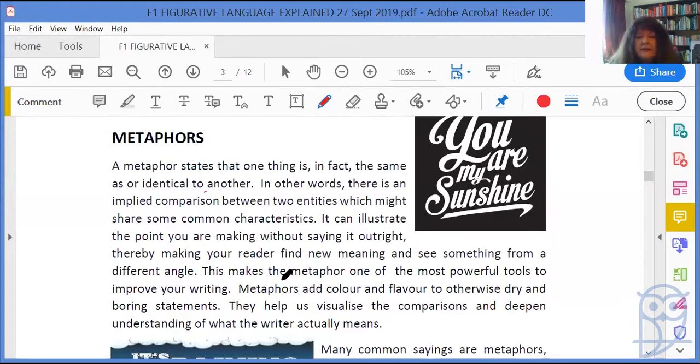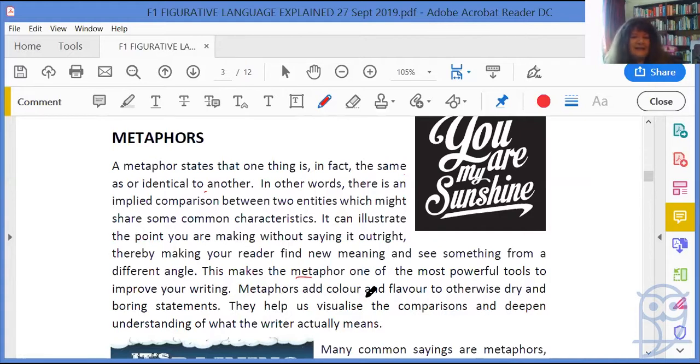It can illustrate the point you are making without saying it all outright, thereby making your reader find new meaning and see something from a different angle. You want your reader to think a certain way, you paint that picture with a metaphor. And this makes the metaphor one of the most powerful tools to improve your writing.